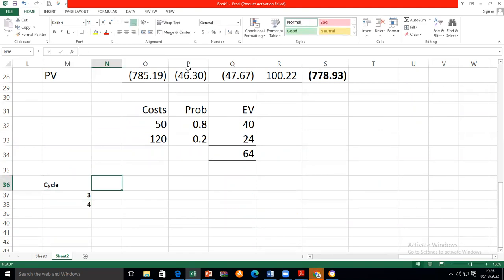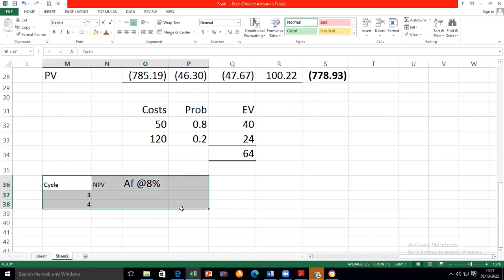And there we've got your NPV, and there we've got the EAC. There we've got what? Annuity factors. At what percentage? At 8%. Okay, now we can calculate finally.